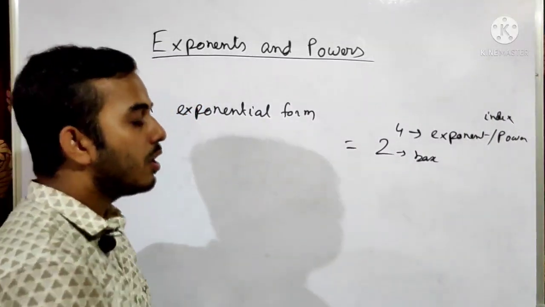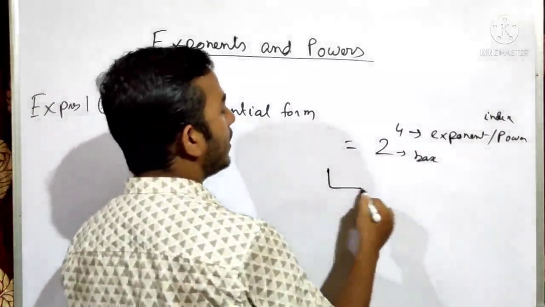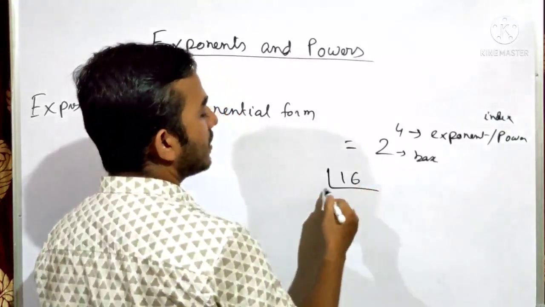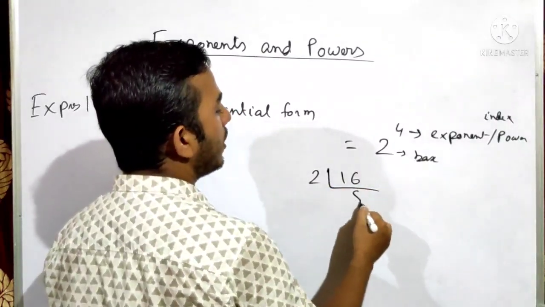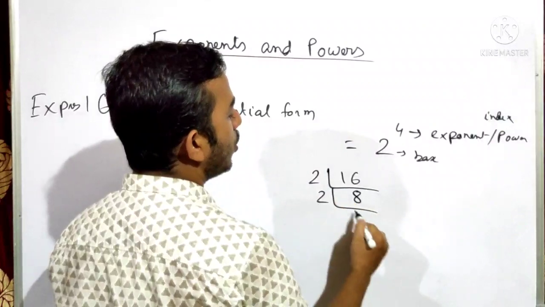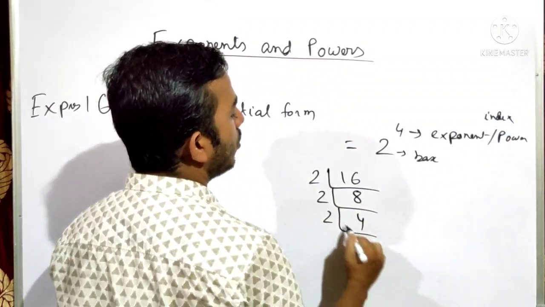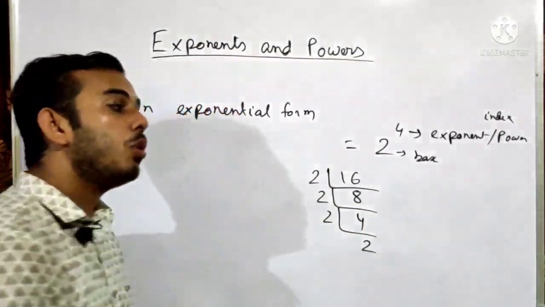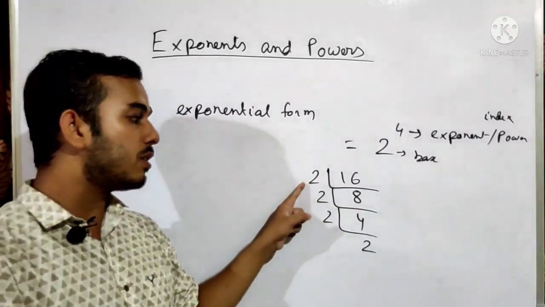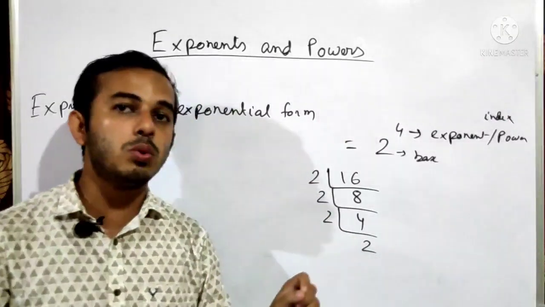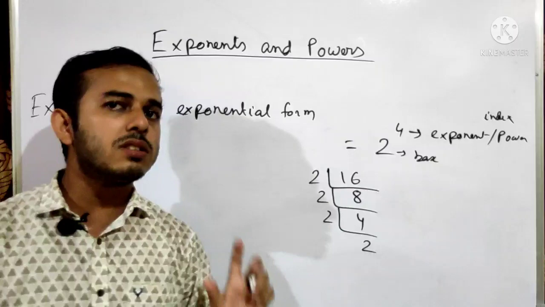Clear? So how to find the factors? This one is very easy. 16 is divisible by 2, isn't it? 2 into 8 is 16. Now 8 is 2 into 4, and 2 into 2 is 4. So these are 2, 2, 2, 2, that is four 2s are the factors of 16.